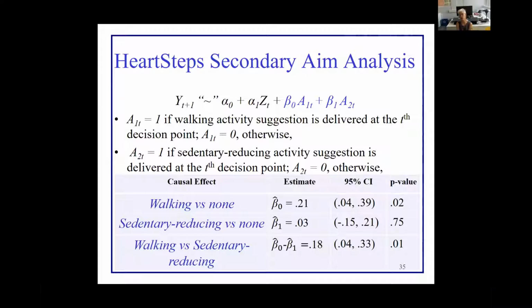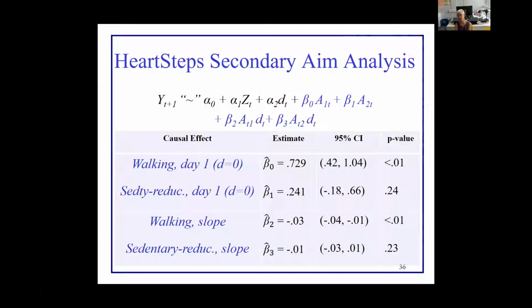We were also really concerned about deteriorating effects with time, so we interacted all of this with day in the study. So I'd just like to focus your attention on the first estimator, beta hat 0, and the 3rd estimator, beta hat 2.